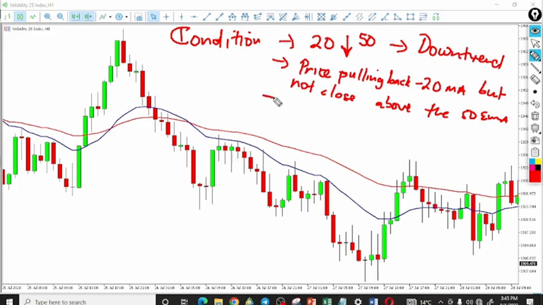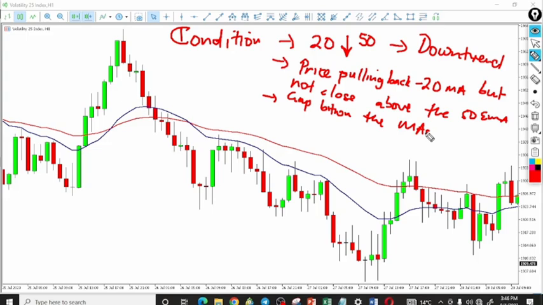Number 3 condition that we want to see here is that there is a gap between the moving averages.